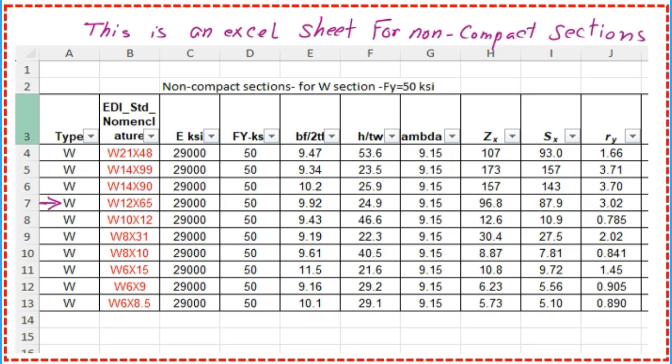I have listed the values of lambda for flange, bf over 2tf, and h over tw for the web, and also lambda B for flange, and the values of Z sub X, S sub X, and r sub Y. I could expand this table for the estimation of data for lateral torsional buckling, L sub B, L sub R, and the related M nominal. Later, we can include any metric section, and accordingly, I can get these values, L sub B and L sub R, from the graph, and we can prepare non-compact sections for metric sections.